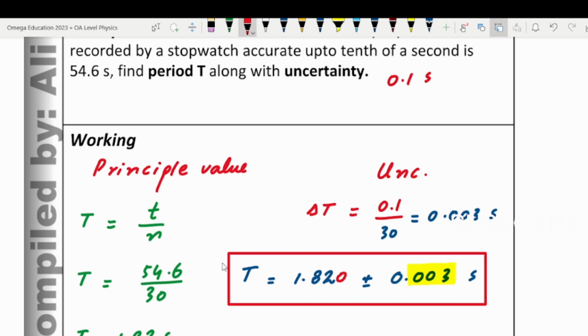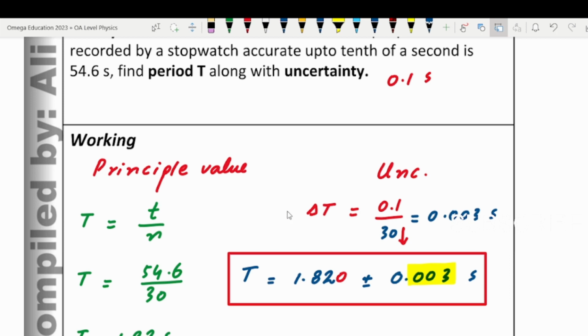You can find the uncertainty by dividing the least count of the instrument by the number of oscillations. So you realize something in this situation. The more oscillations you have, let's say instead of 30 we had taken only 15 oscillations, or let's say 10 oscillations, if we take fewer oscillations, then the uncertainty would have increased, which is a bad sign. We need to lower the uncertainty as much as possible.